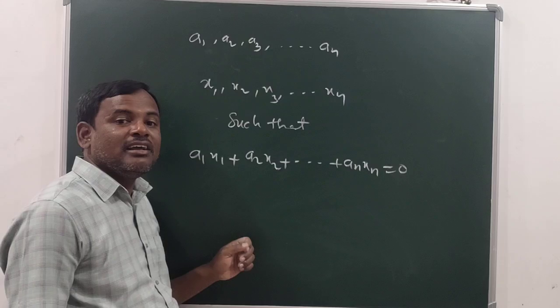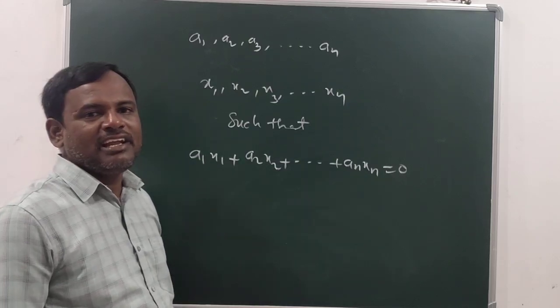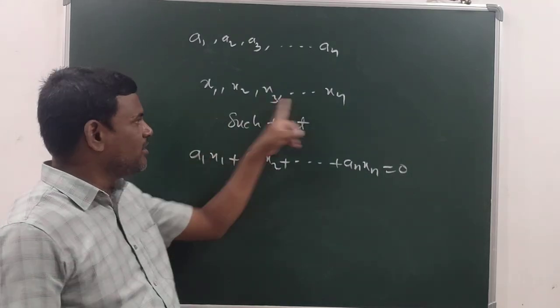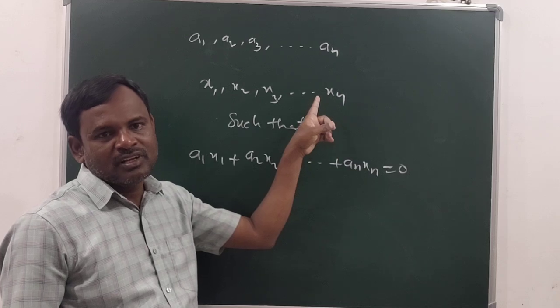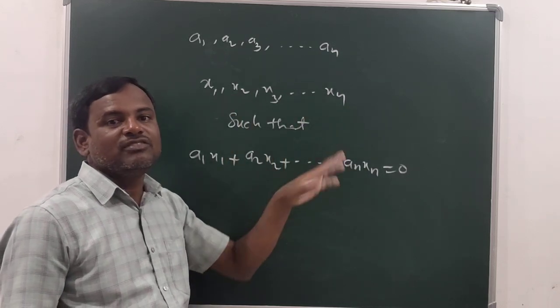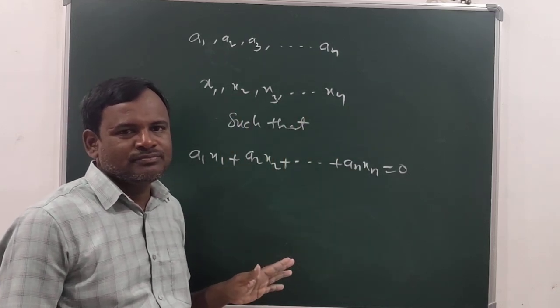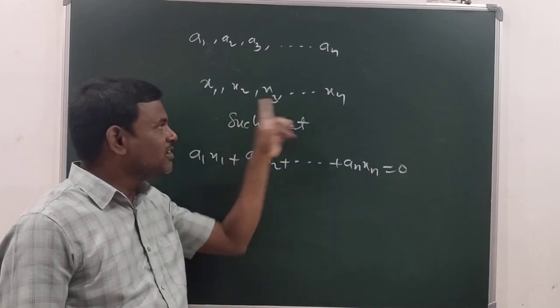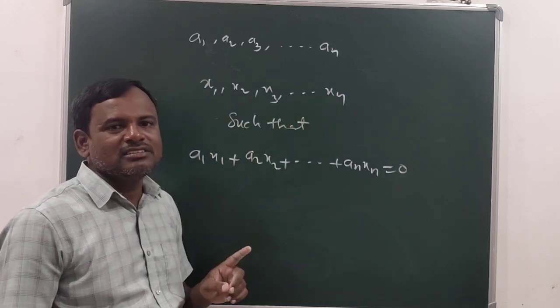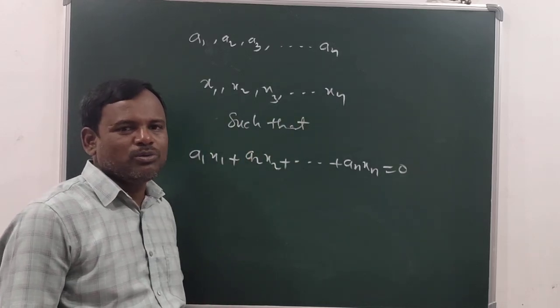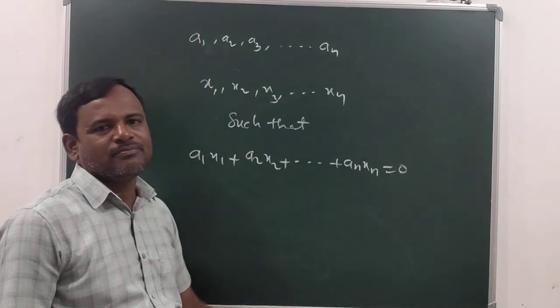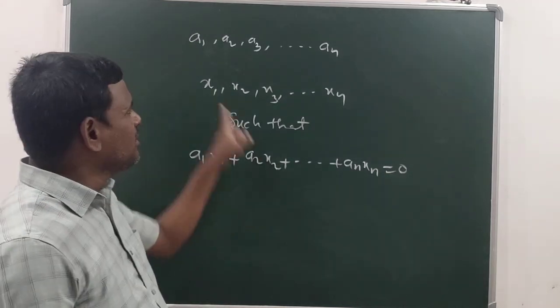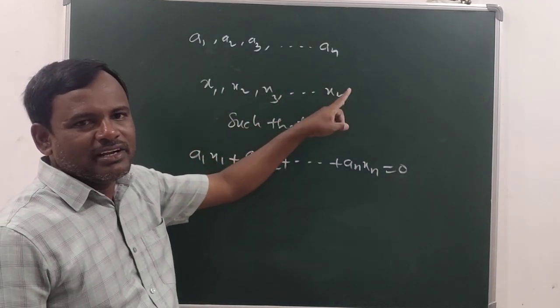Here the condition for the scalars is that simultaneously all of them are not equal to 0. At least one of these n scalars should not be equal to 0. That is the condition here. Okay, all these are linearly dependent.